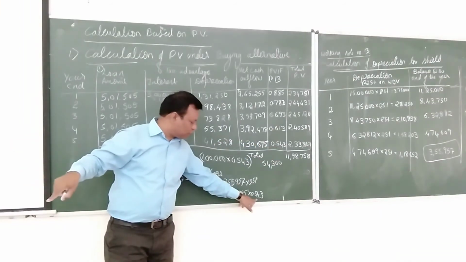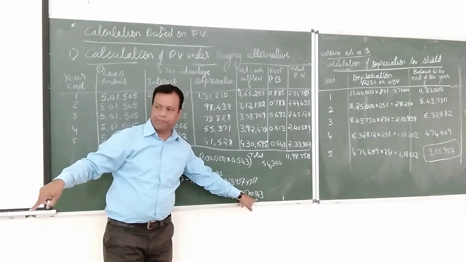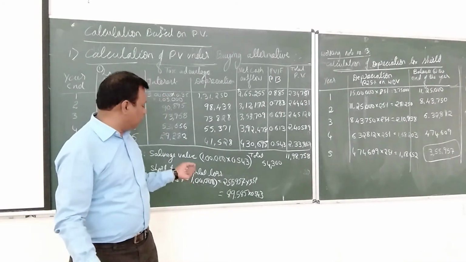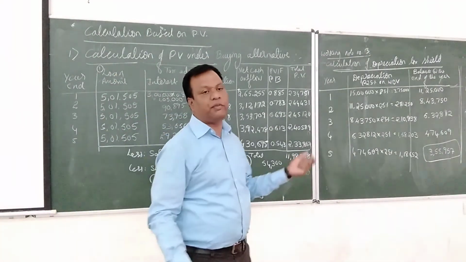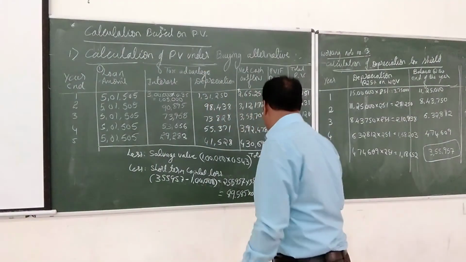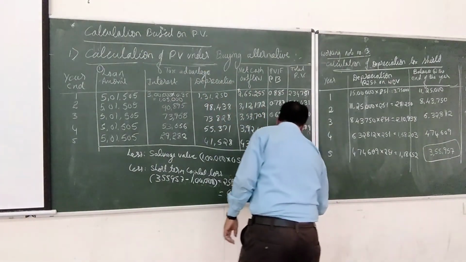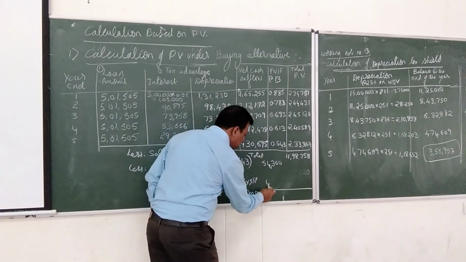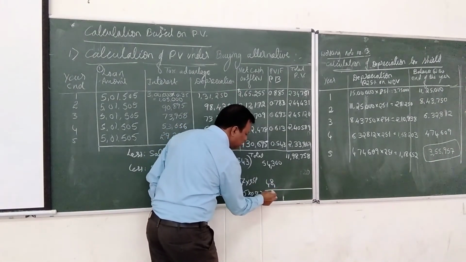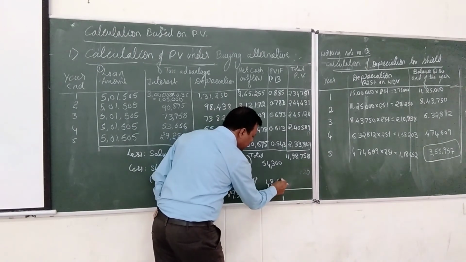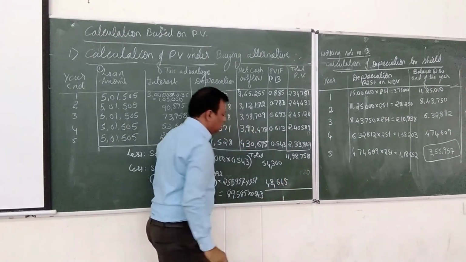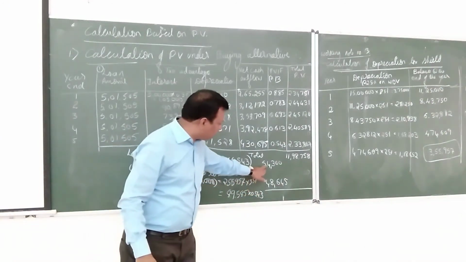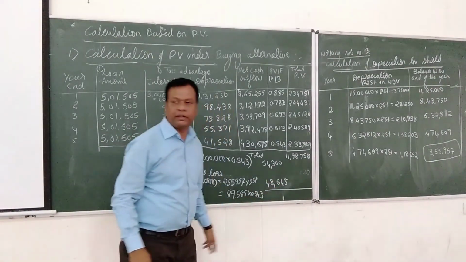If you multiply 89,585 by 0.543, how much? 48,645.